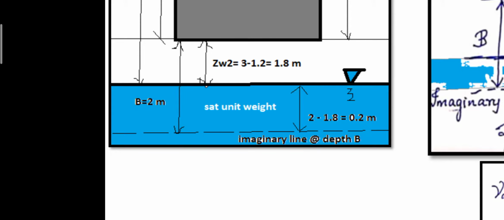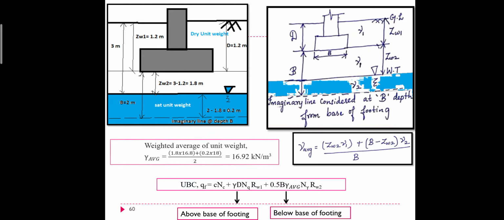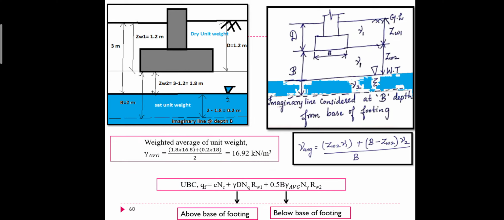The dry part unit weight will be the dry unit weight, and the wet part unit weight will be gamma sat. Solving with that, you will get this formula.